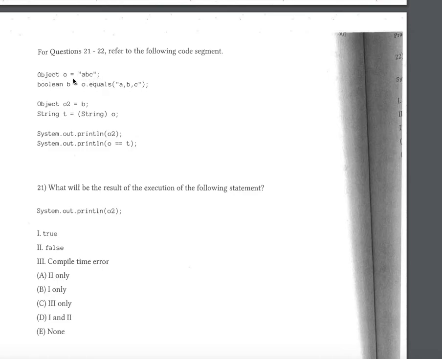So since both of these are objects, and this is lower on the hierarchy, this should be fine, right? And then we have B is type Boolean, and we say is O dot equals to this string, which they're not equal. So this returns false, and B is equal to false.